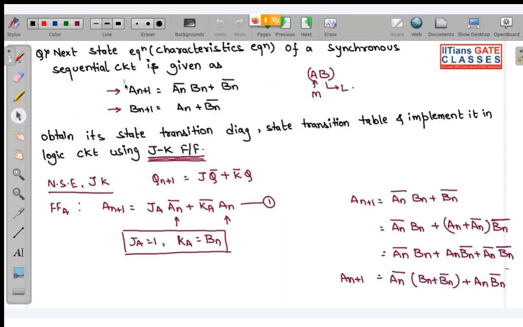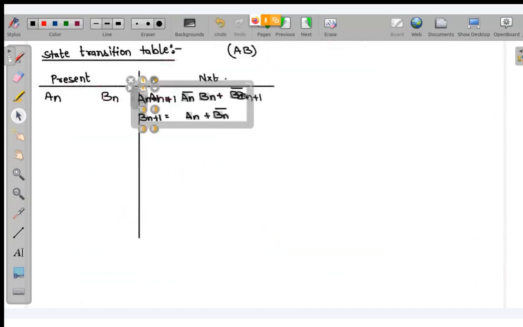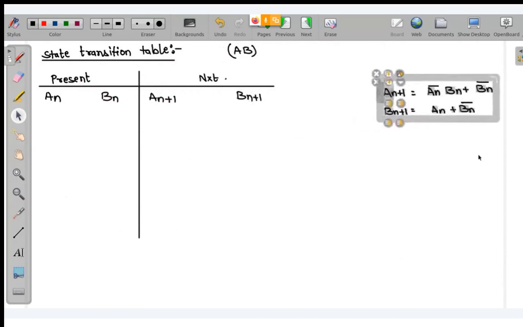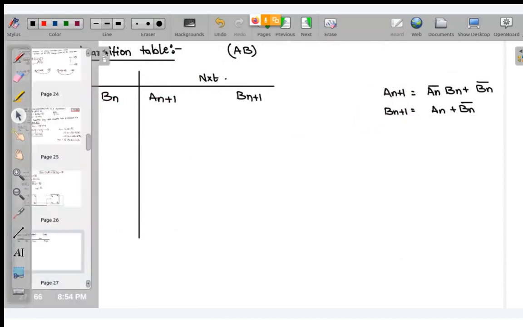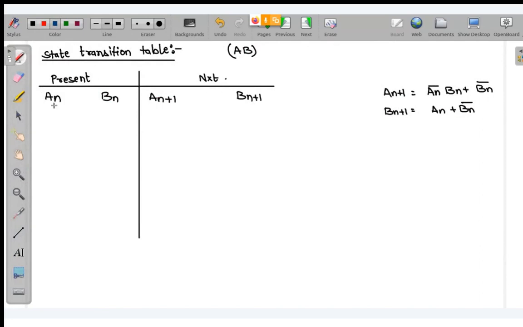So now these two equations we have. What are the combinations of present state that we can have? It can be either 0 0, 0 1, 1 0 and 1 1.